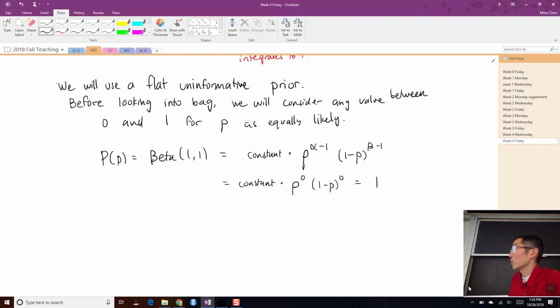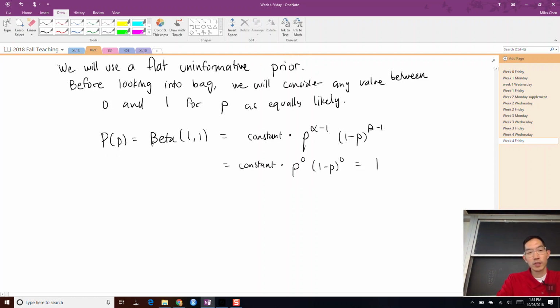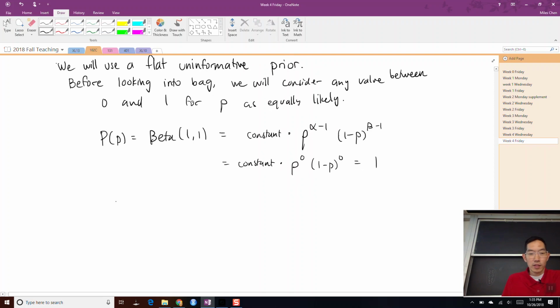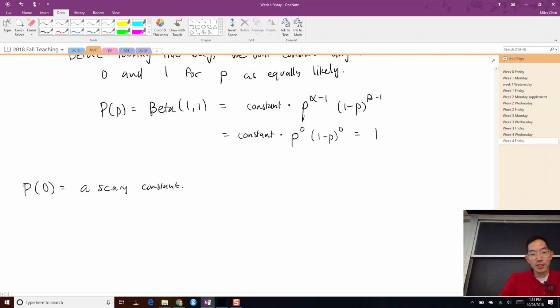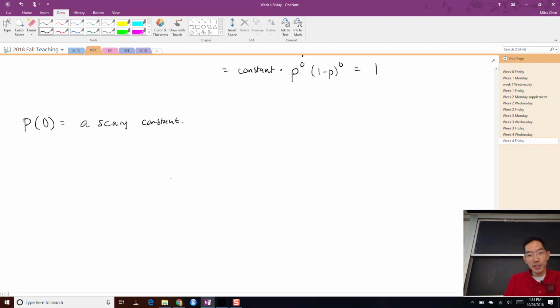So we just get a constant 1, but I could just leave it as this. And then the probability of D is just going to be a scary constant. A scary to calculate constant, I should say. Constants aren't scary, but it's a scary to calculate constant.